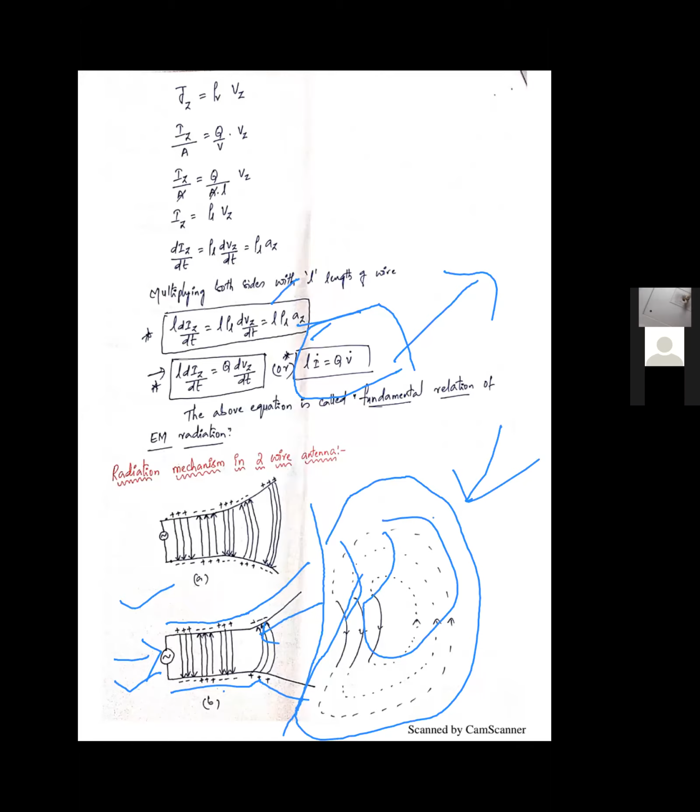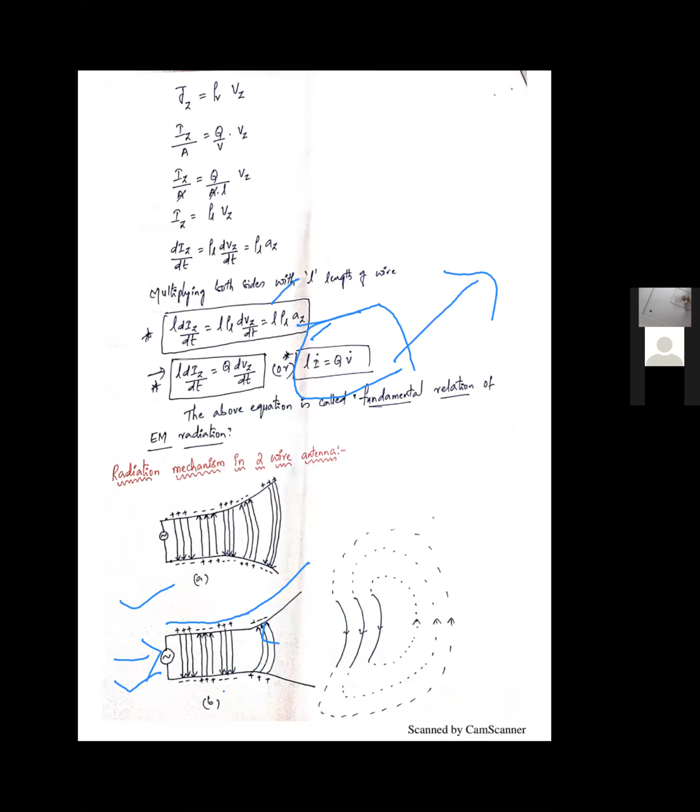So can I say that antenna acts as a transition region between guided wave and free space wave at the transmission section, and vice versa at the receiving section. This is everything about the radiation mechanism in a two-wire antenna. I hope you understood this.